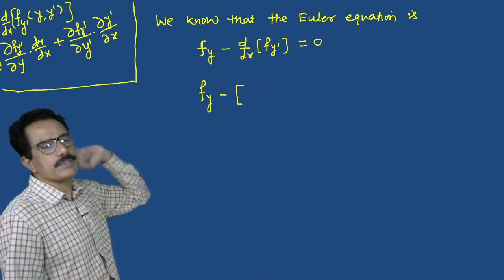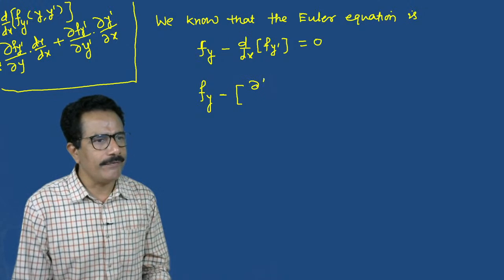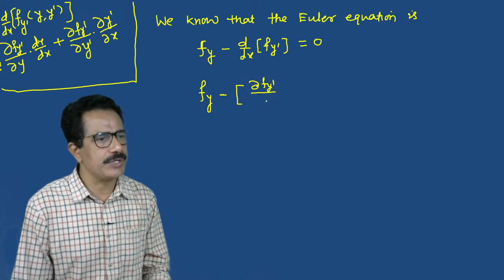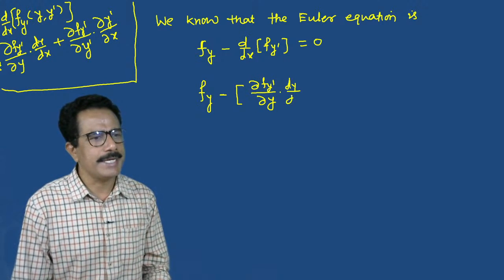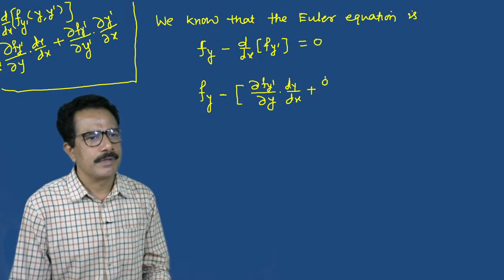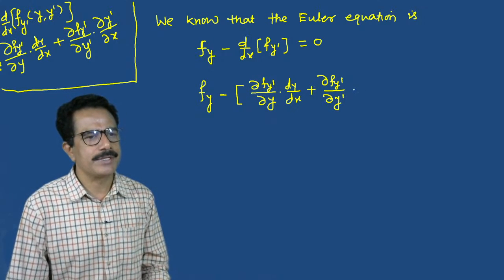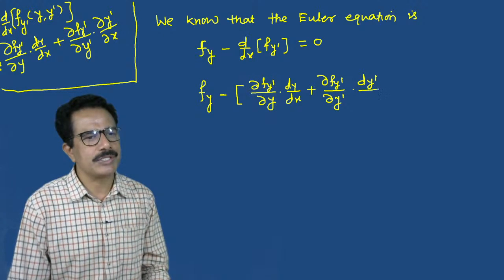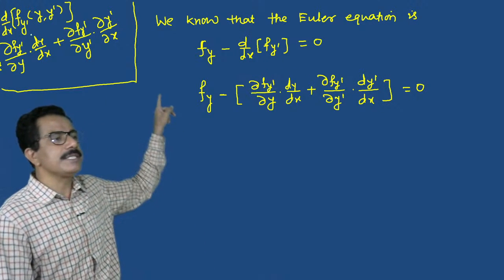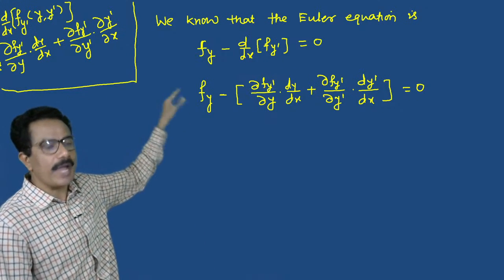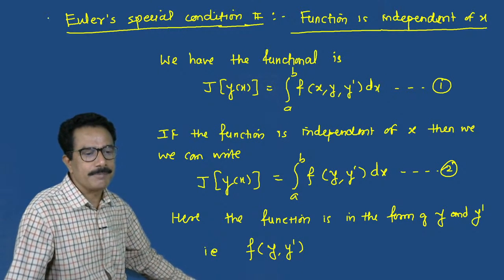This is the derivative of this function. I will write it here: dou F y dash divide by dou y into dy by dx plus dou F y dash divide by dou y dash into dy dash divide by dx equals 0, because F is a function of y comma y dash here.